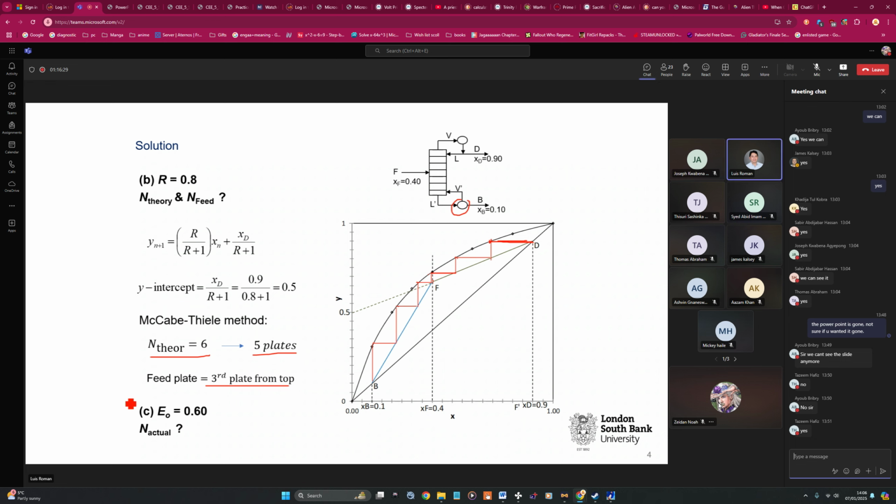Now, part C is if you have a column with an efficiency of 0.6, in other words, 60%, then what's the number of actual plates that you need?